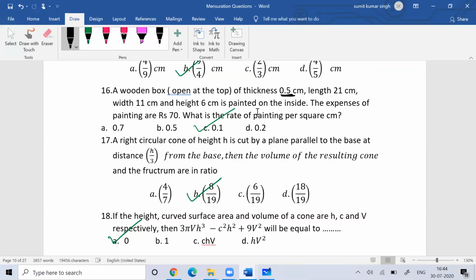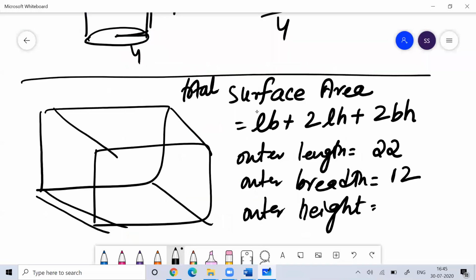There will not be an upper layer on the height, only the bottom will have 0.5, but at the top there's no 0.5, because you can visualize that it is empty. So the outer height would be 6.5.